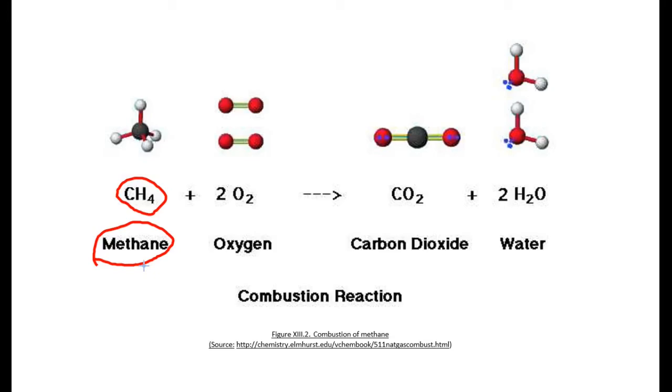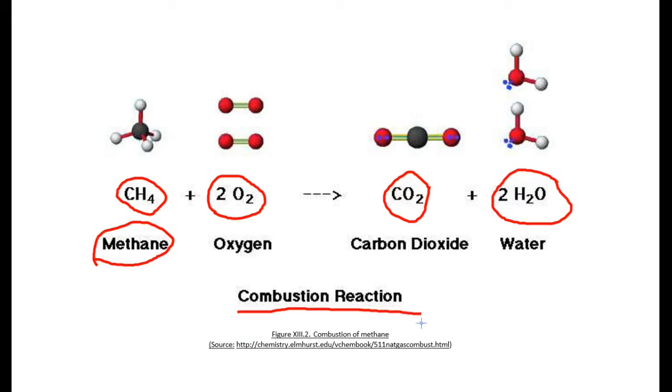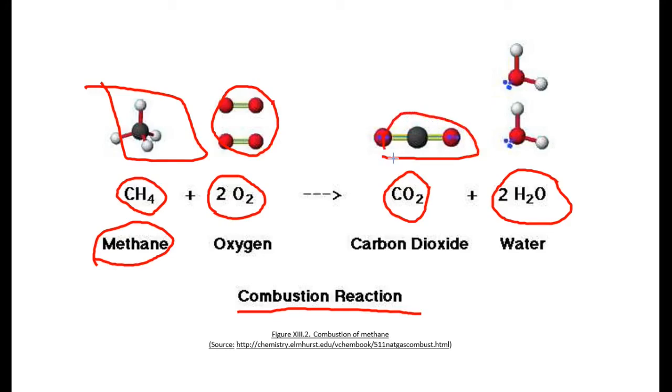So this fossil fuel methane, which is a gas, will react with oxygen, and in the process carbon dioxide will be produced as well as water. This is a combustion reaction, and it's going to be the same principle for all fossil fuels. It might not always be the same quantity of dioxygen and CO2 being produced for each molecule, but this is the principle. You have one fossil fuel, and when you burn it, it's going to use up dioxygen, and CO2 is going to be produced.